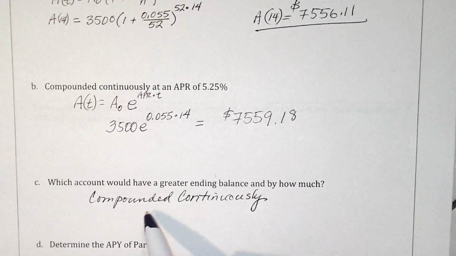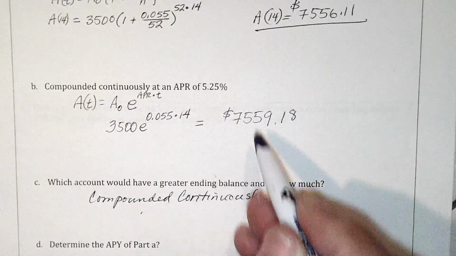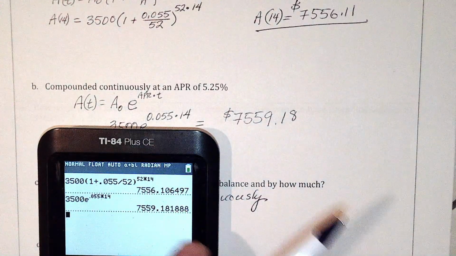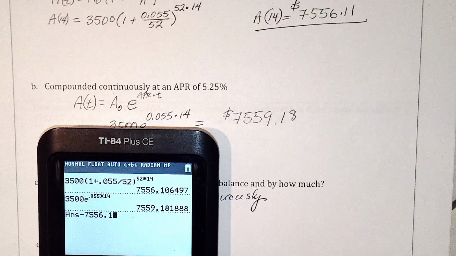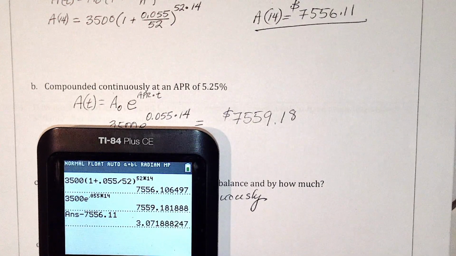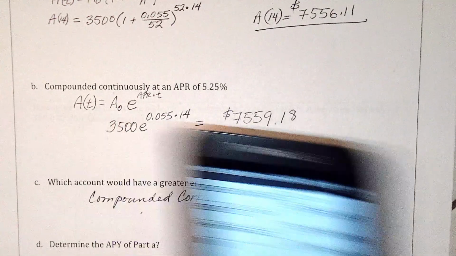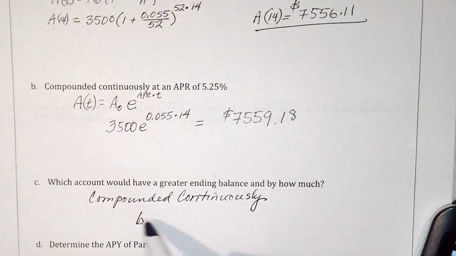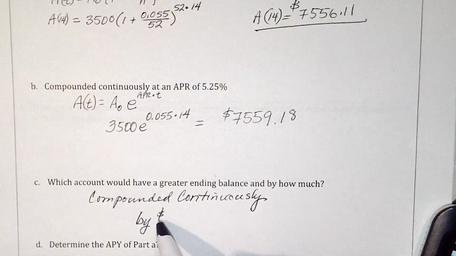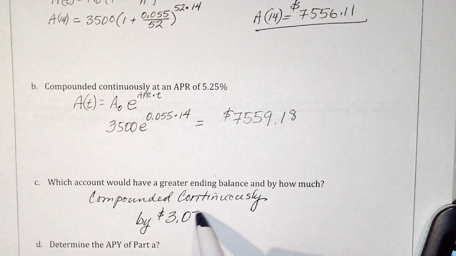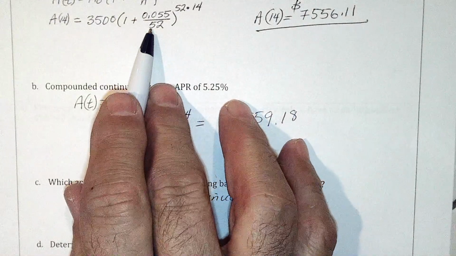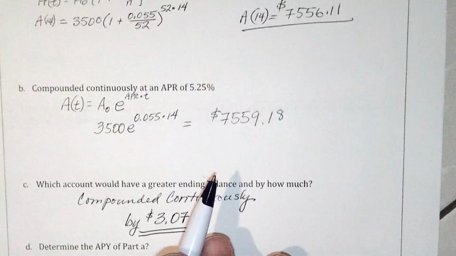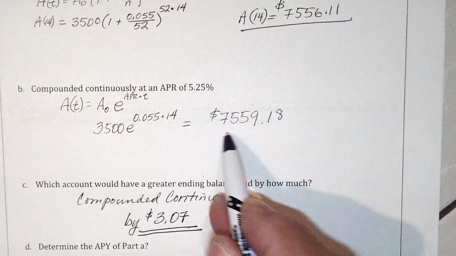And it's by, let's see, we would subtract the $7,556.11 from this answer, and we get $3.07. Not a lot of difference between compounding weekly and compounding continuously, but there is a difference.